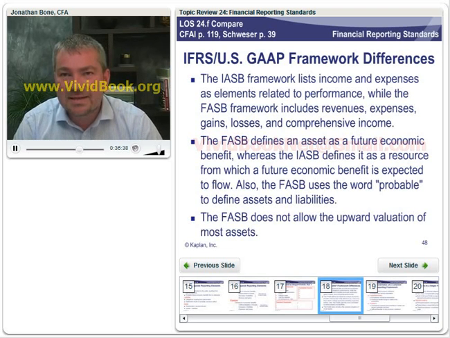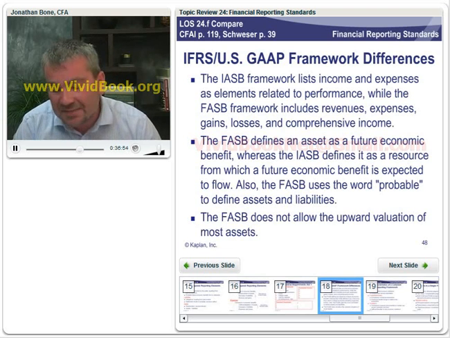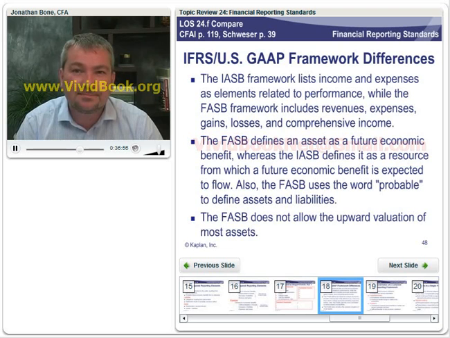Revenues and expenses that go through the income statement as part of your core day-to-day operating, gains and losses when you retire assets and liabilities, and comprehensive income, the gains, and potentially losses, that have been taken directly to stockholders' equity.